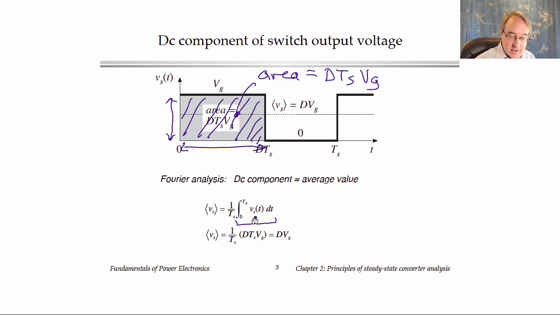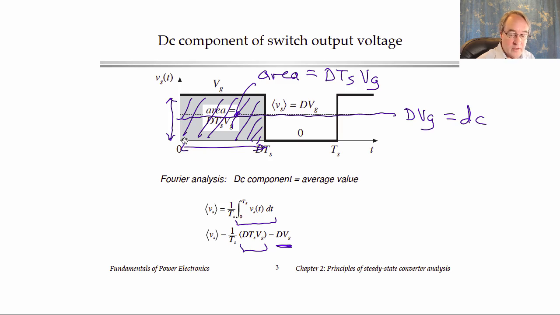So we plug that area in for the integral and then divide by the period, and what we get is that our DC component of Vs is equal to the duty cycle times Vg. And that DC component is also the average of the waveform. So the switch network performs the function of changing the DC component of the voltage, and it actually reduces that DC component by a factor of the duty cycle d.